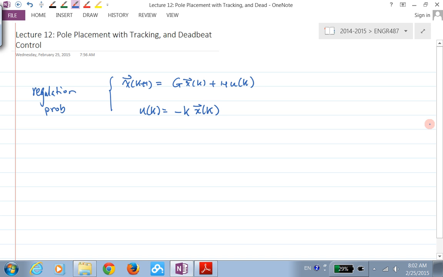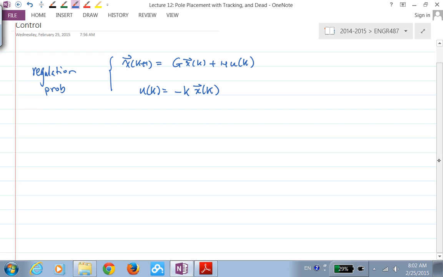But today we'll look at another one, which is more general. It's a tracking problem. So the tracking problem is, let's say you have y equal to C x of k here, right? So y is the output.